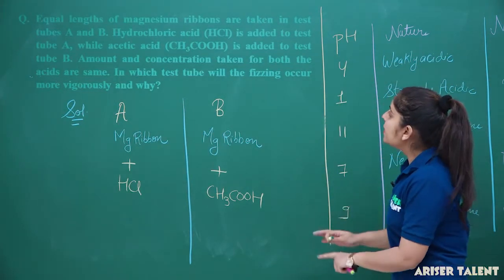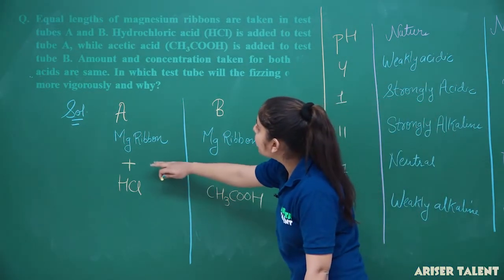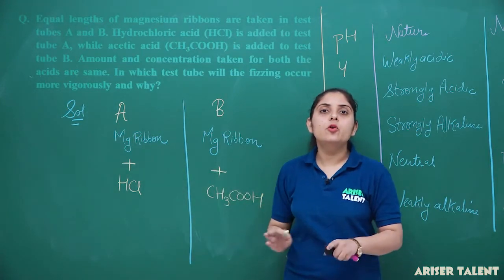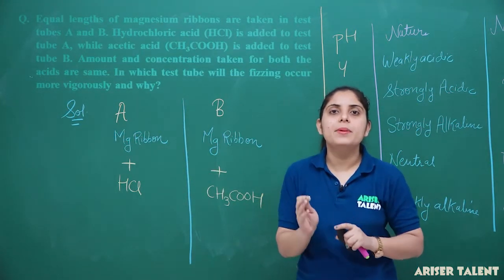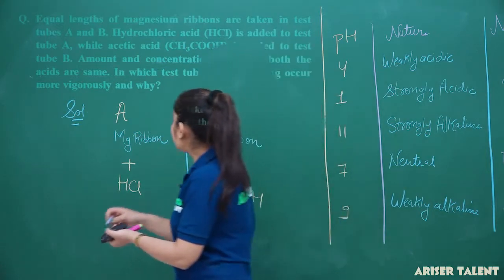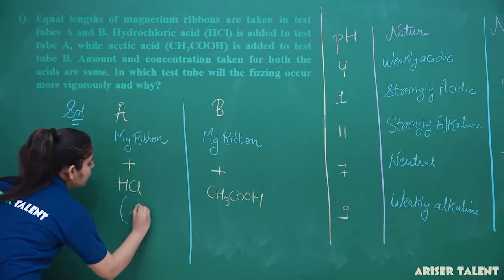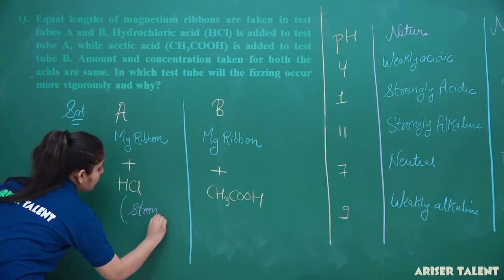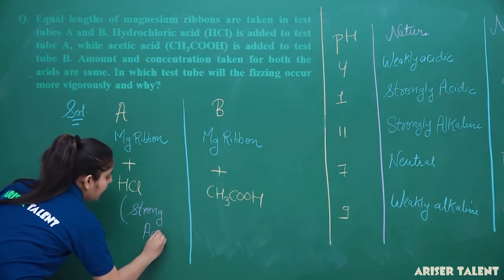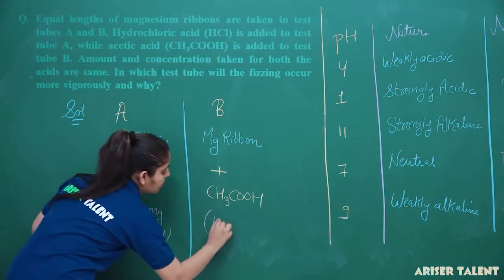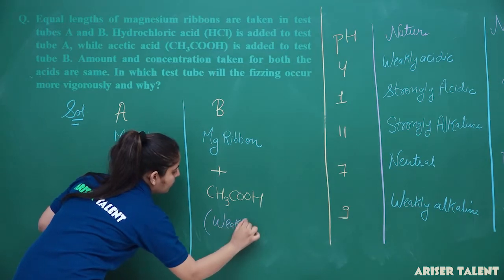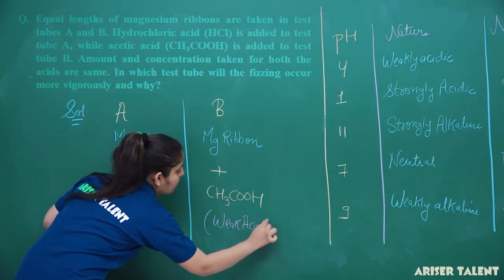The fizzing will occur more vigorously in case A because hydrochloric acid is a strong acid as compared to acetic acid. So, we can say that this is a strong acid and this is our weak acid.